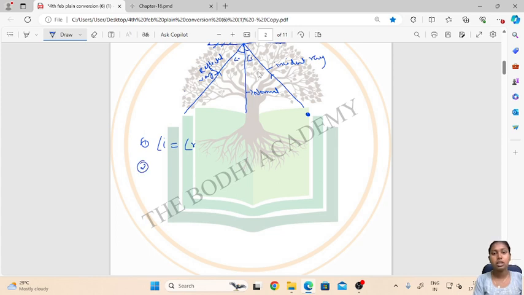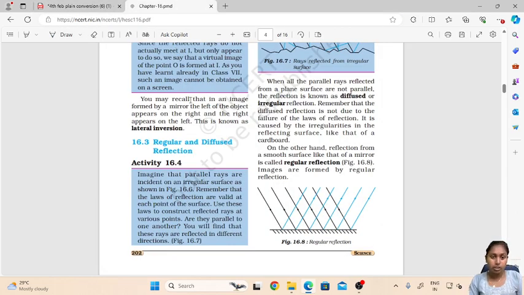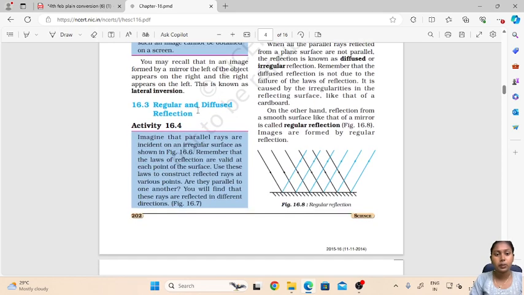The second law says the incident ray, the normal and the reflected ray all lie in the same plane. So now let's continue with the next topic, regular and diffuse reflection.